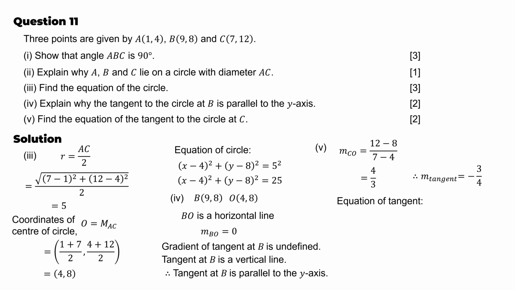So, the equation of the tangent is y minus 12 equals negative 3/4 times (x minus 7). We expand the bracket: y minus 12 equals negative 3/4 x plus 21/4. Then we make y the subject: y equals negative 3/4 x plus 69/4. We multiply by 4 on both sides, and we get 4y equals negative 3x plus 69. And this is the equation of the tangent.